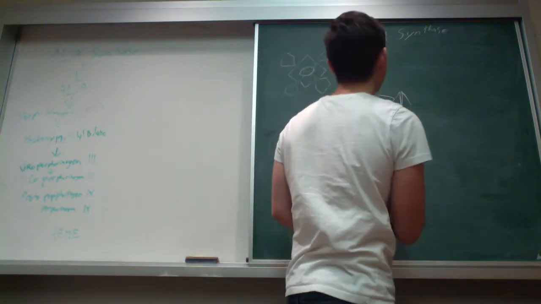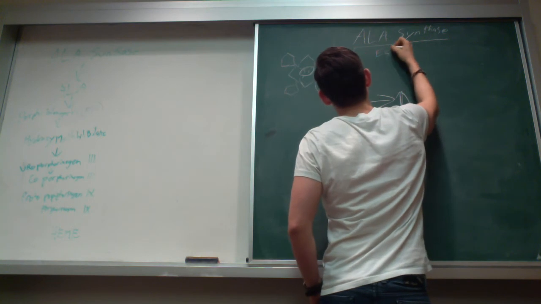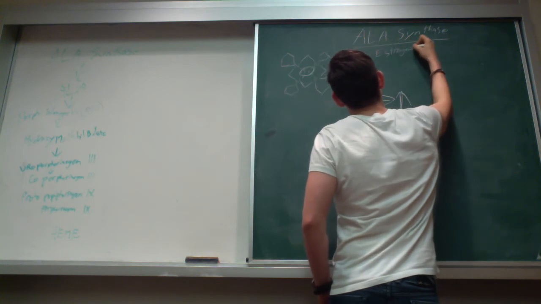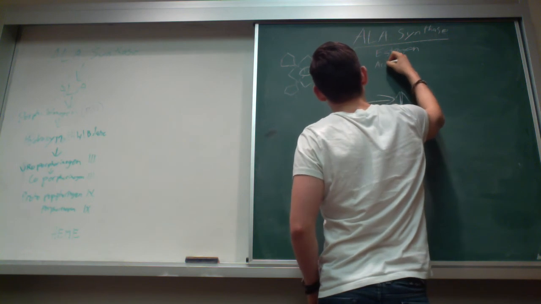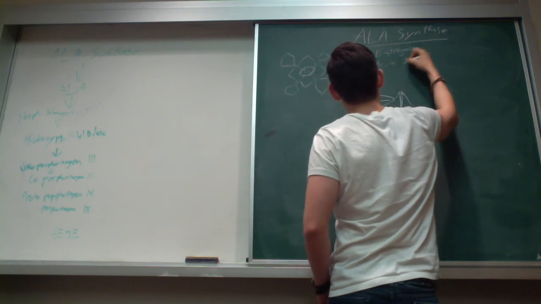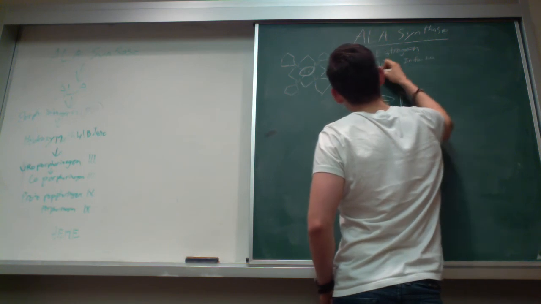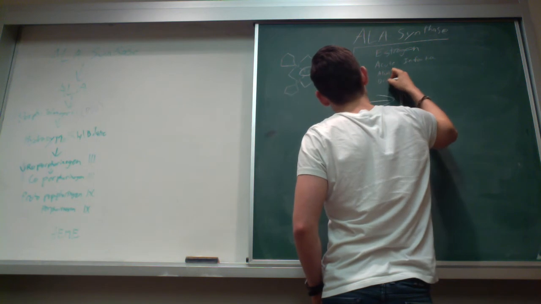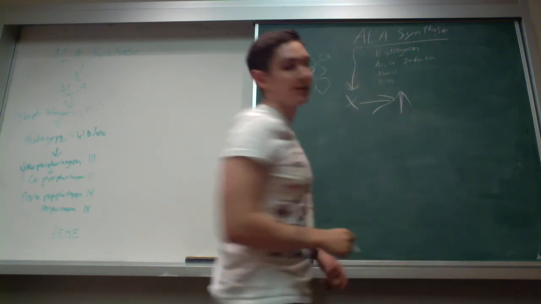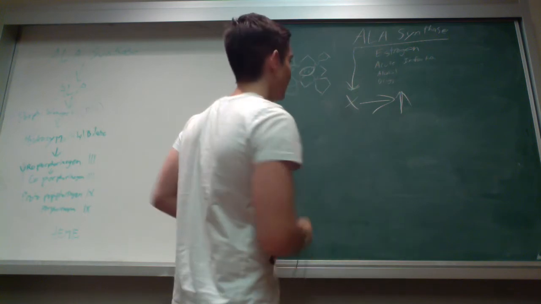So things that upregulate ALA synthase are estrogen, acute infections, so the stress from infections, alcohol, and drugs. And all these upregulate ALA synthase, and the result will be a porphyria.